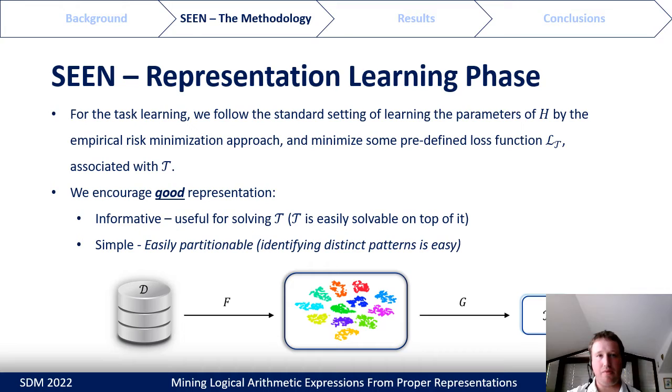The first qualification is assumed to be achieved by training a model that is denoted by h, which is a composition of two deep neural networks to solve the task. For this, I follow the standard setting of learning the parameters of h by the empirical risk minimization approach and minimize some predefined loss function that is associated with the task.